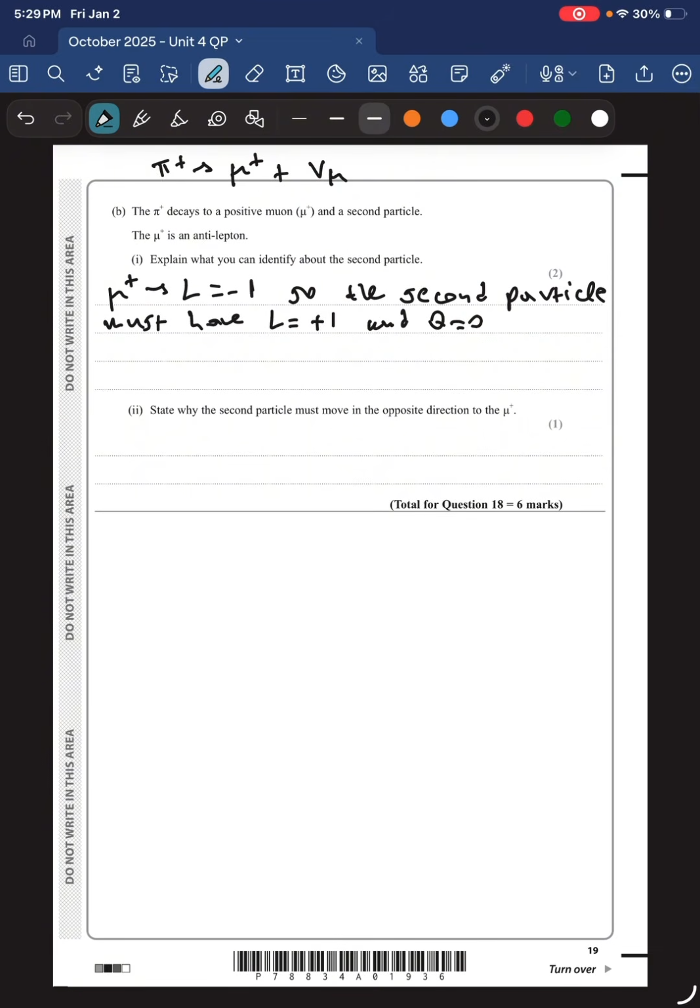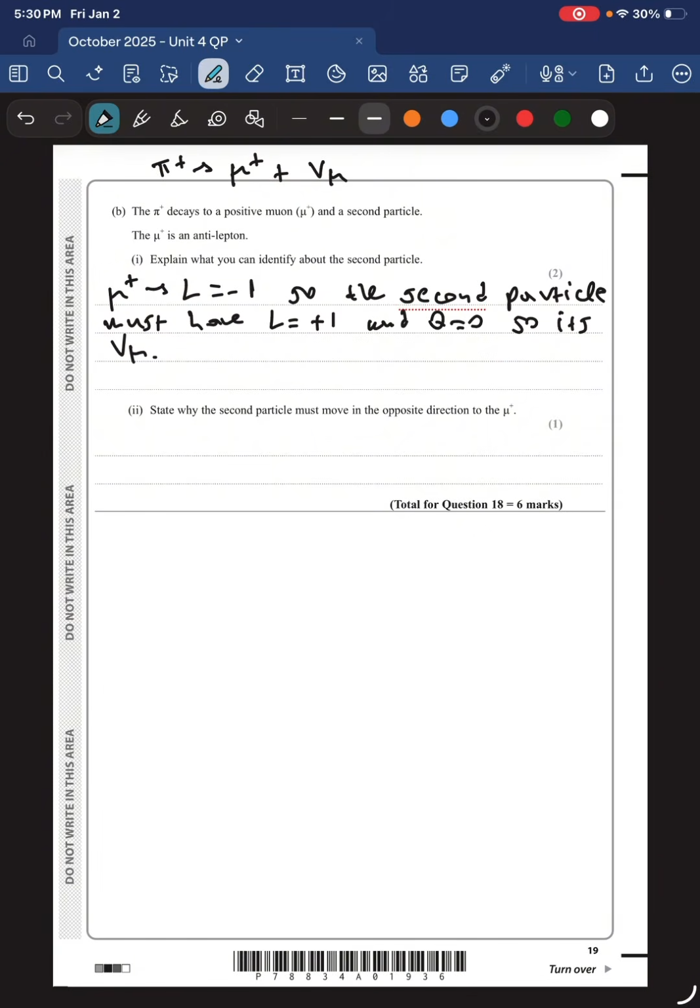Because we need to conserve charge, we have +1 before, +1 after, and we need to conserve lepton number, which is 0 before, therefore it has to be 0 after. So the only combination for the second lepton is to be a neutrino, a muon neutrino. I'm all over the place. I'm sorry. I hope this makes sense.